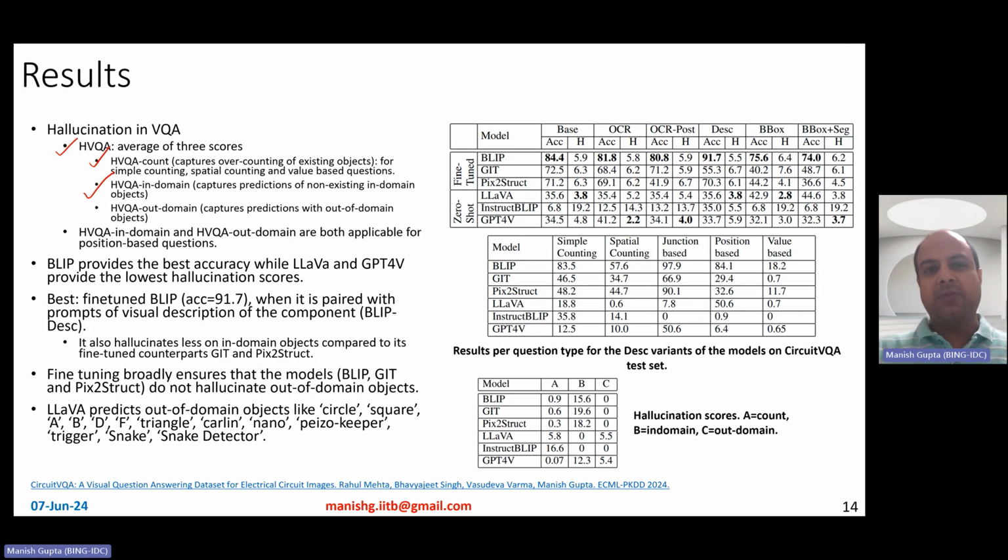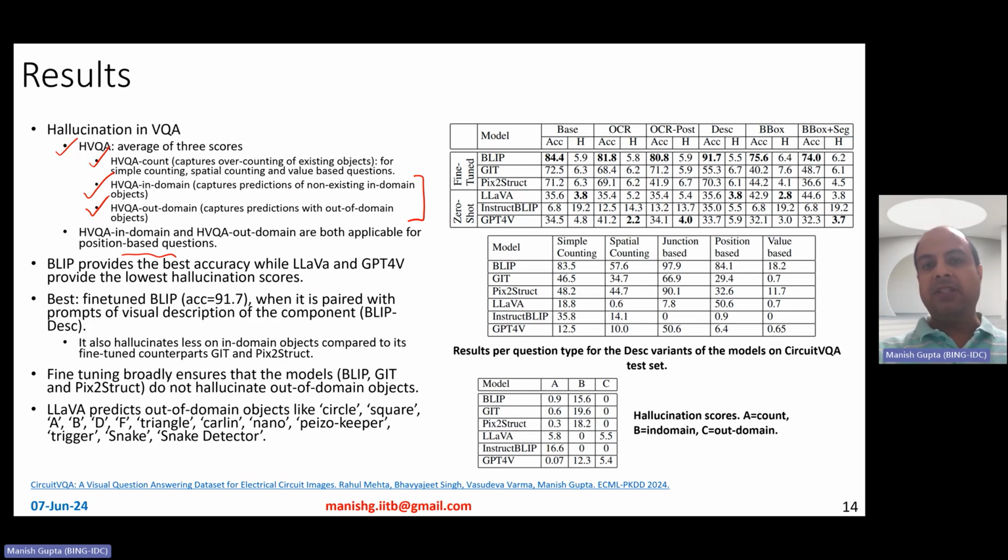So in predictions, you get those in-domain electrical objects which are non-existent. That's a hallucination of in-domain objects. But sometimes out-of-domain objects can also be predicted by these models, and that's HVQA out-domain. It captures predictions with out-of-domain objects. Of course, HVQA in-domain and out-domain are applicable for position-based questions.